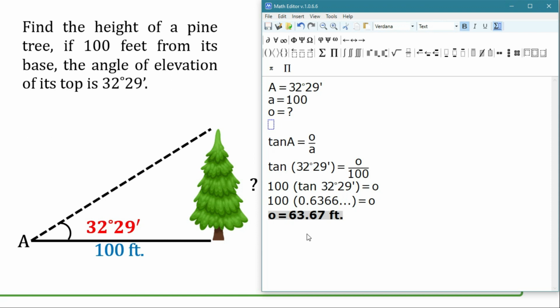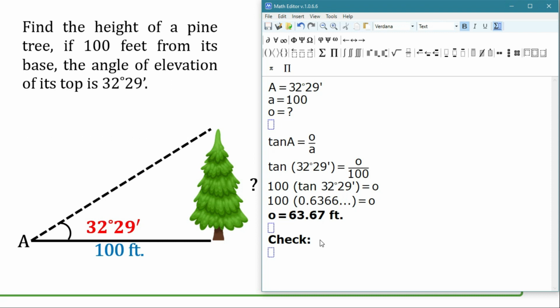So that's how we solve that kind of problem. Okay? All right. So you can actually check it using other trigonometric functions. Let's say, for example, you want to solve it using sine, or that would be cosine. Let us check it using the cosine function. So that's gonna be the cosine of A equals, or hindi pala natin pwedeng gawin si cosine of A dahil hindi naman given si hypotenuse.